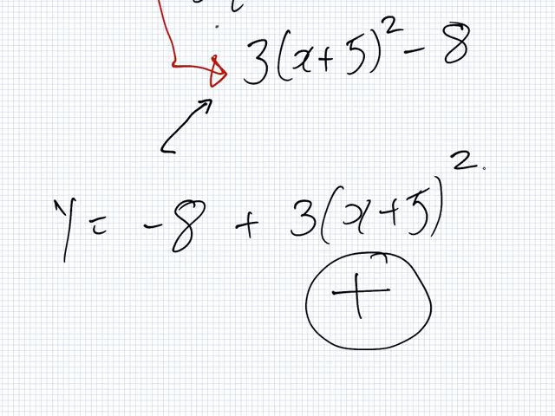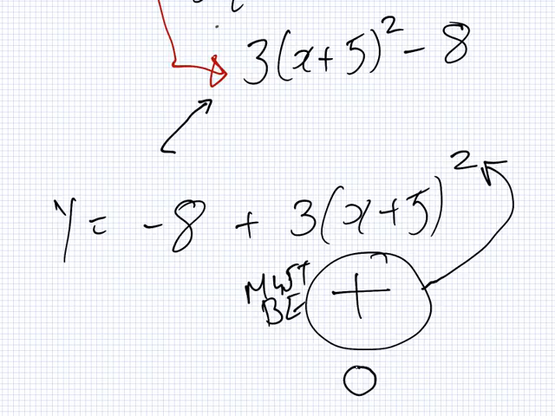Because the square makes it positive. So for example, if it was minus 2 and I square, what do I get? 4. So this must be positive. Could it be 0? It could be 0. Yes.